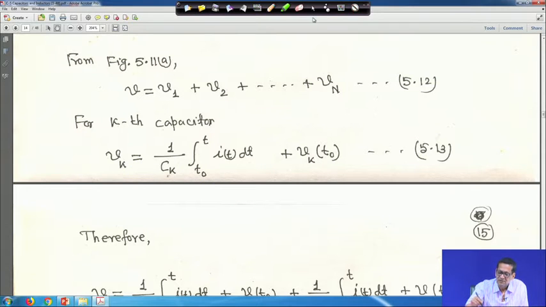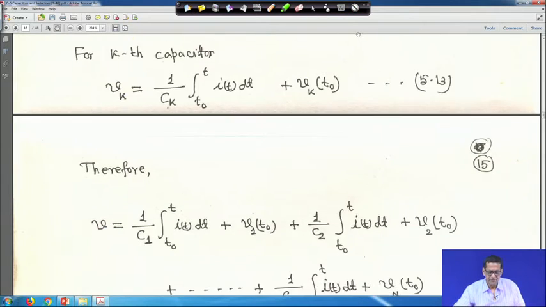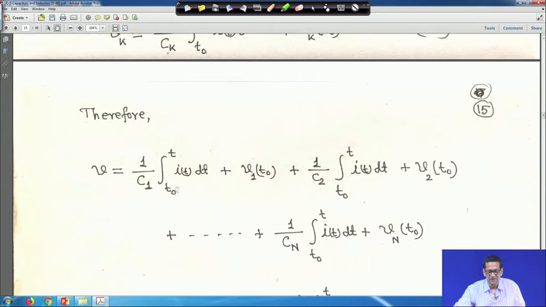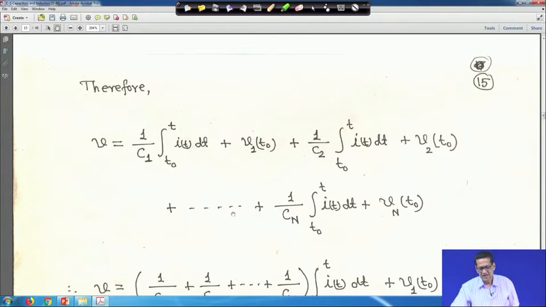Let me clear it. Therefore, we can write V is equal to 1 upon C1, integral from T0 to T of i(t) dt, plus V1(T0). This is for capacitor 1. Similarly, for capacitor 2, it is 1 upon C2, integral from T0 to T of i(t) dt, plus V2(T0). Similarly, for the nth capacitor, 1 upon Cn, integral from T0 to T of i(t) dt, plus Vn(T0).